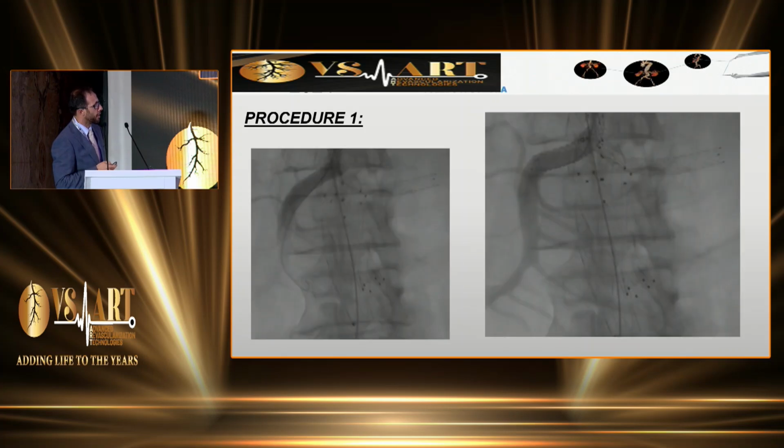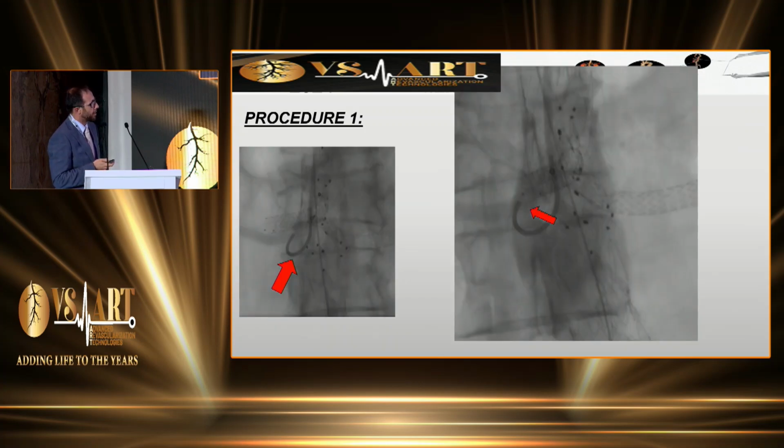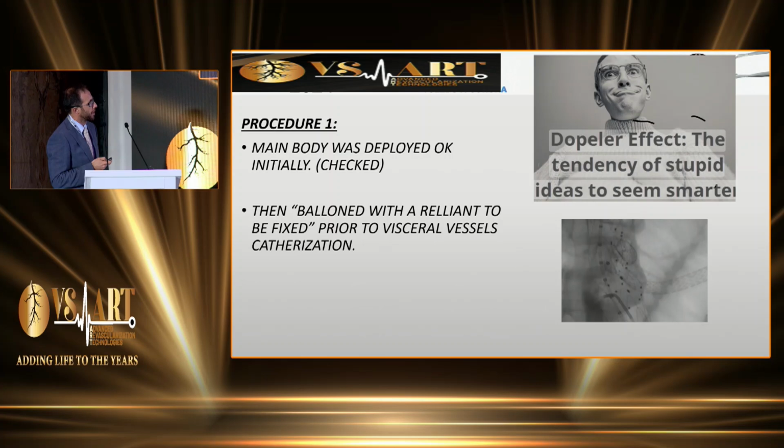Everything seemed to be okay, and I catheterized the SMA, the upper vessel, with no problem, but I started to have problems with one of the renals, and it was my personal fault that this maneuver happened. I decided to balloon the stent graft to fix it prior to catheterizing the vessel, and because the neck was not very good, after this ballooning the whole stent graft moved 1 to 2 centimeters down.